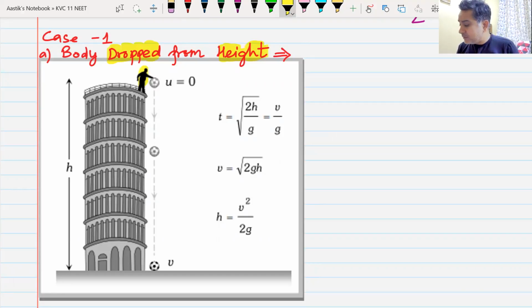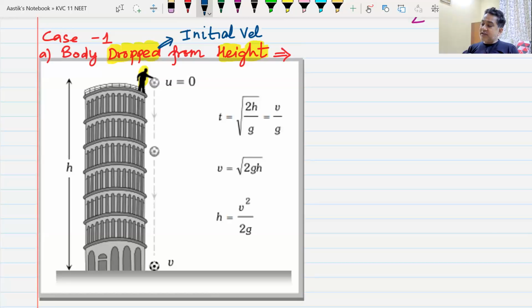Now whenever we use this word dropping, it tells us something about the initial velocity. If I'm dropping something from the top of a tower, it tells me about its initial velocity.